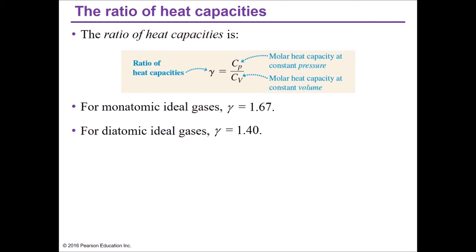For monatomic gases it's 5/3 or 1.67, and for diatomic gases it's 1.4, which is 7/5. This corresponds again to those degrees of freedom we talked about before, and that's why we have these different values.